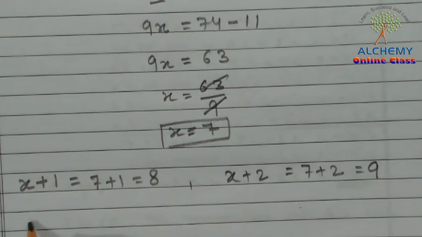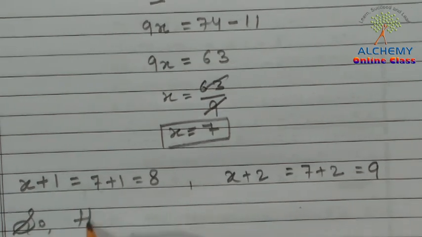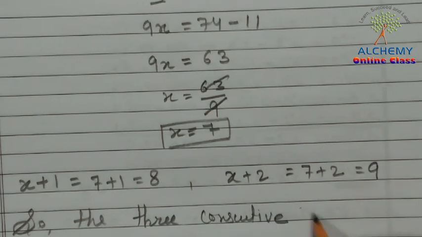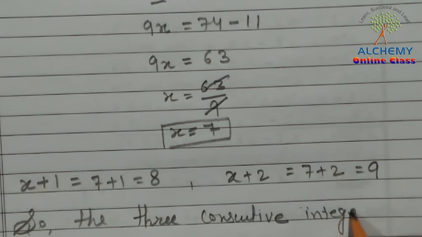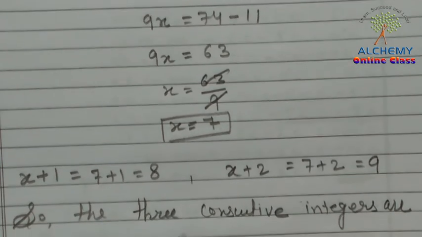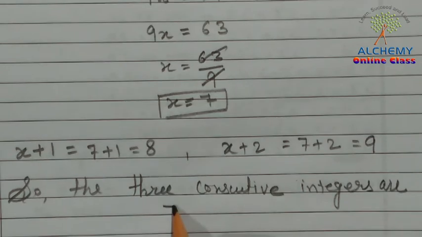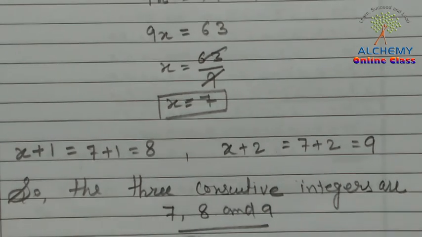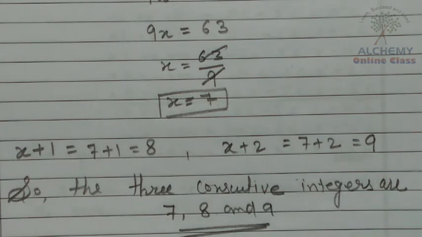Okay, so we can write here, the three consecutive integers are 7, 8 and 9. That's it.